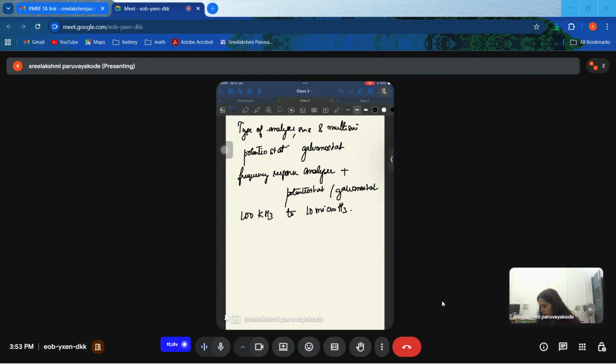No, this limit is more than enough. But there are equipments which can provide up to 32 megahertz, and that is usually used for liquid-based systems. But for other systems, we actually do not need such a high frequency.